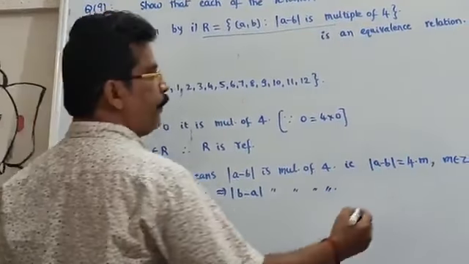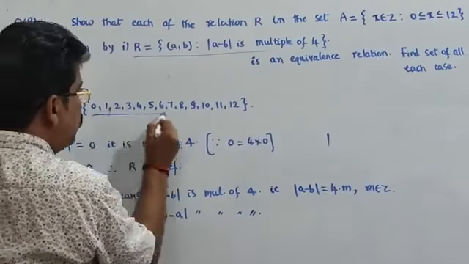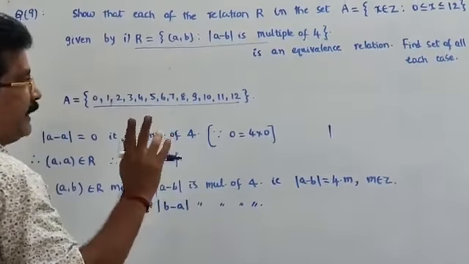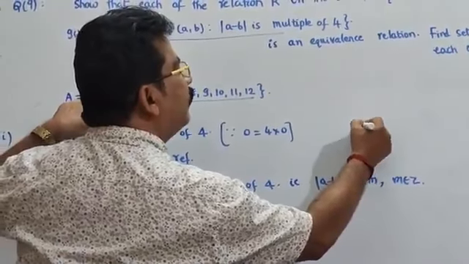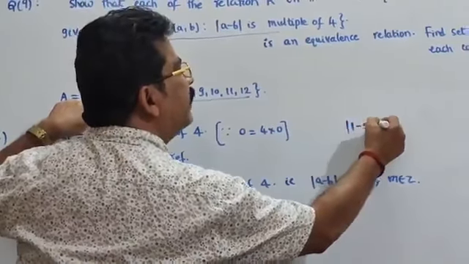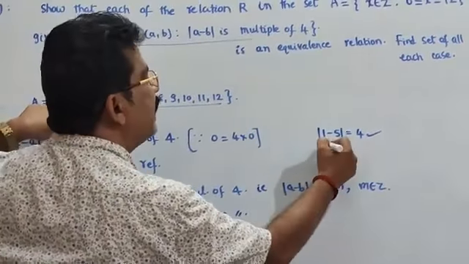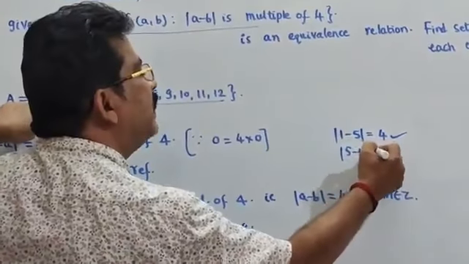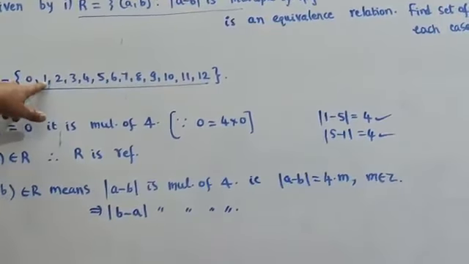How? For example, out of 0 to 12, we can take any two numbers, for example 1 comma 5. Modulus of 1 minus 5 is what? 4. It is a multiple of 4. Similarly, modulus of 5 minus 1 is also 4. It is a multiple of 4, 4 means 4 into 1.